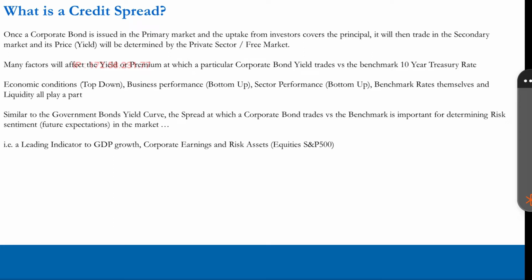Now the yield is the premium paid against an indicator that's based off the government bonds. In this case, I'll be using the 10-year yield to compare against the corporate bonds. And we know that the corporate bond market in the U.S. is the largest in the world.